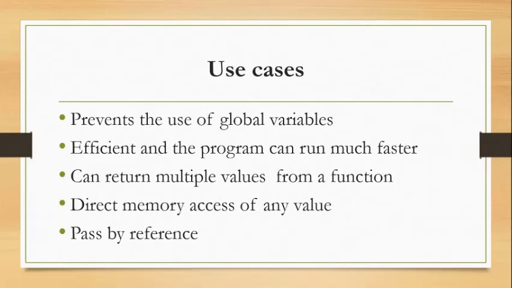Even from a function you can return multiple values. Up until this point you can only return a single value from a function, but with pointers you can return multiple values, because pointers and arrays are one and the same. So you can return a pointer from a function. For example, if there is an array of 10 variables, you can access that array through a pointer, and that pointer can be returned from the function.